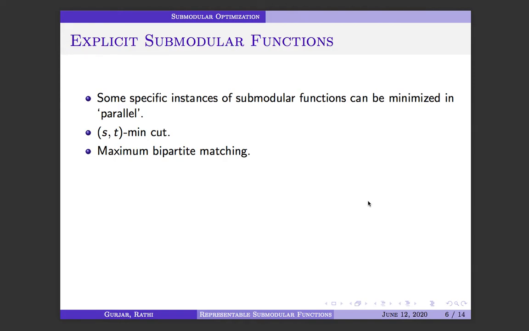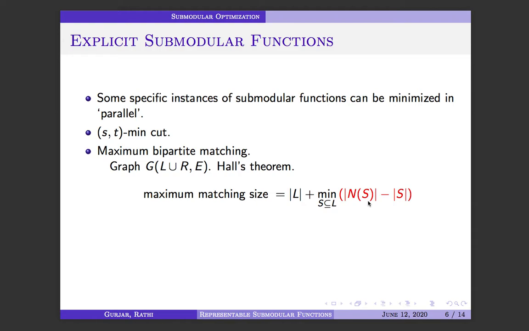Directly it doesn't look like a submodular minimization question, but you can use Hall's theorem to show that finding the maximum matching size is equivalent to finding the minimum value of this submodular function, which is given in red.